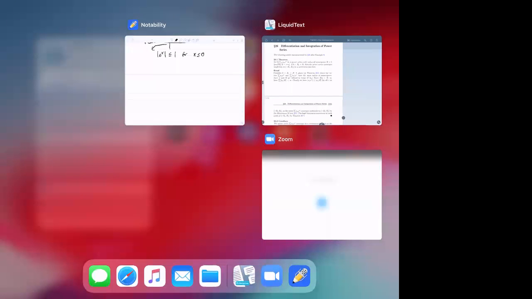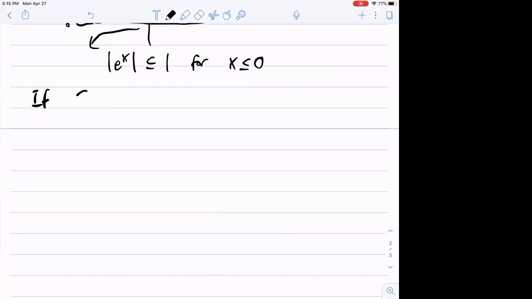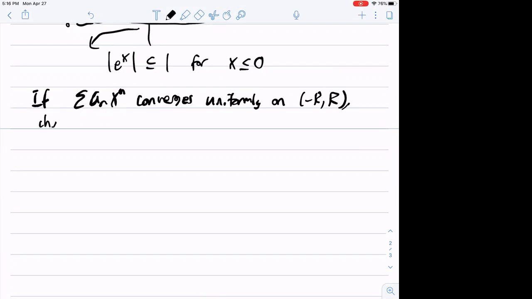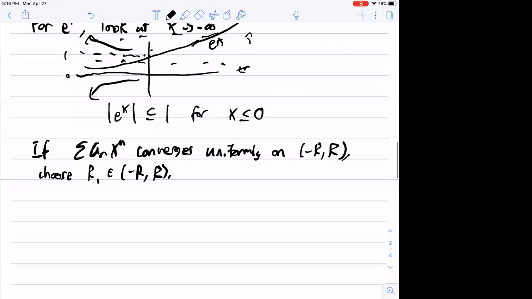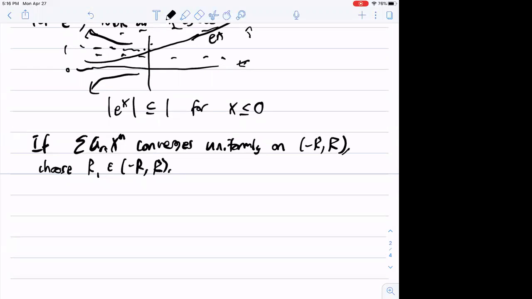Oh, that is clear, because if some a_n x^n converges uniformly on negative r to r, then you could choose r1 in negative r to r, and it converges uniformly there.